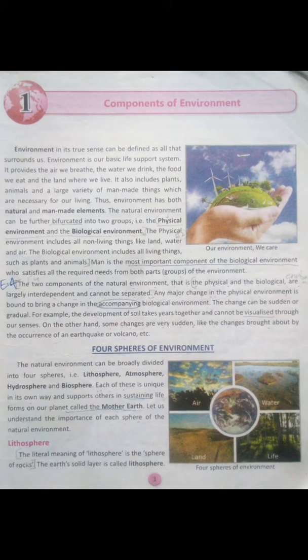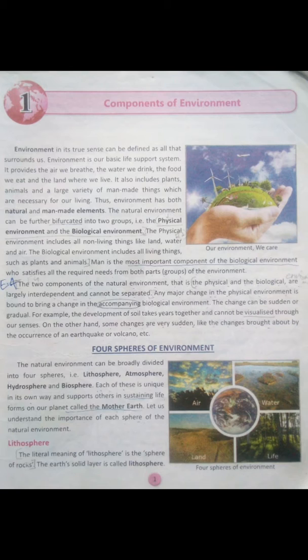And man is the most important component of the biological environment, who satisfies all the required needs for both groups of the environment. The next paragraph: the two components of the natural environment, the physical and the biological, are largely interdependent and cannot be separated.